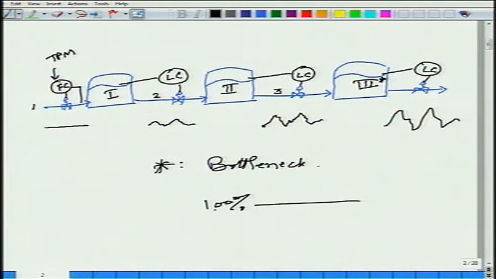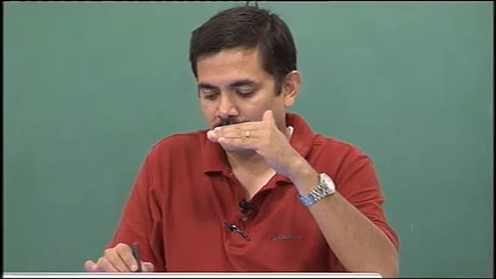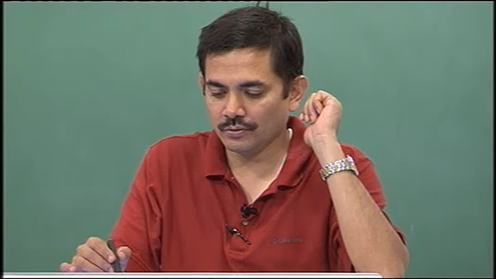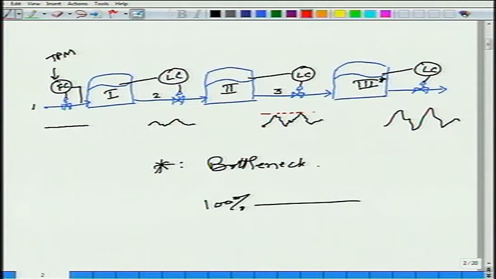What that means is the operator will keep increasing this throughput manipulator set point until what? Until the feed to unit 3 just hits your capacity limit. Yes or no? This is your capacity constraint that you cannot exceed. Yes or no?